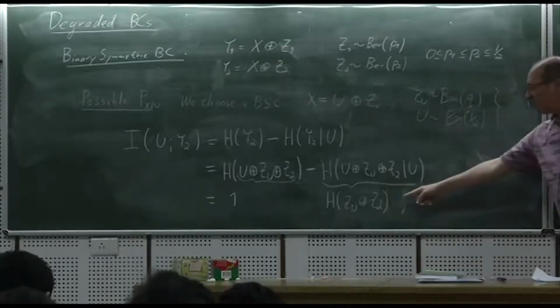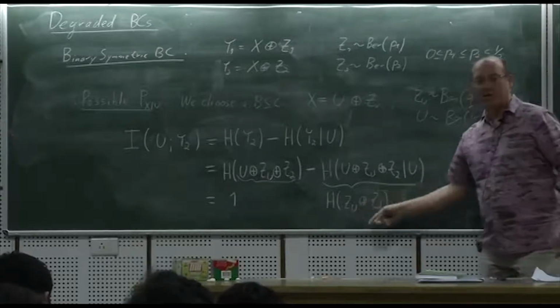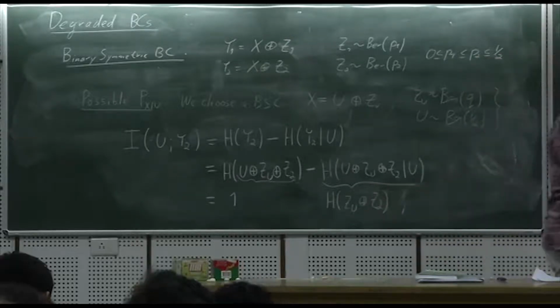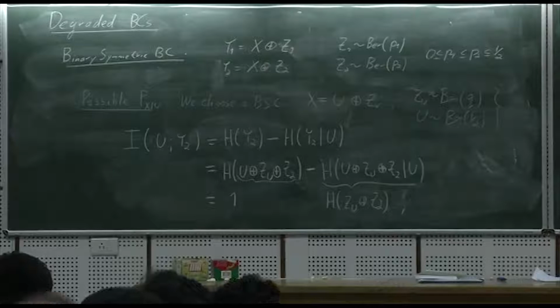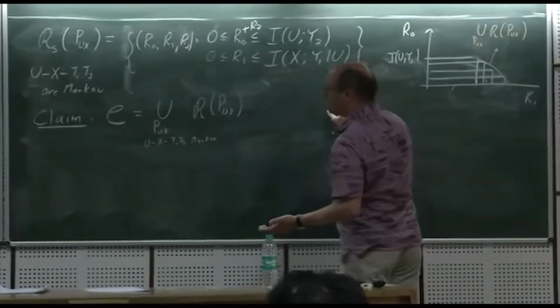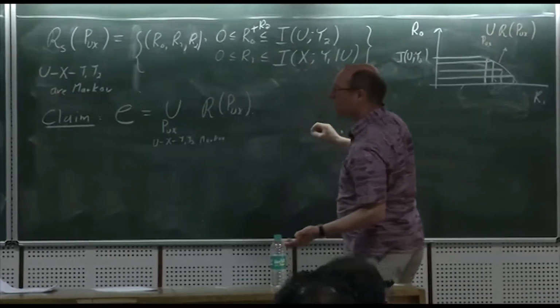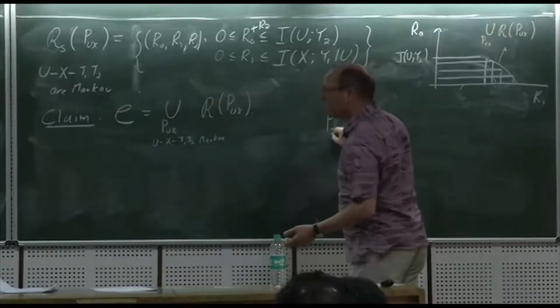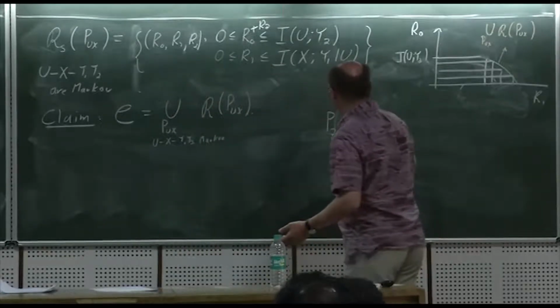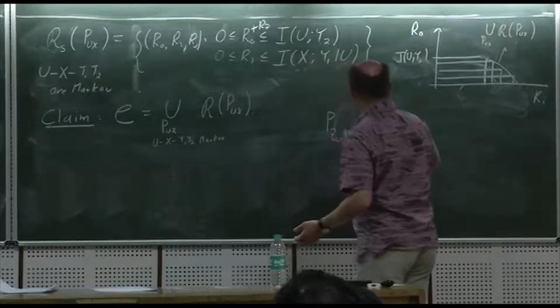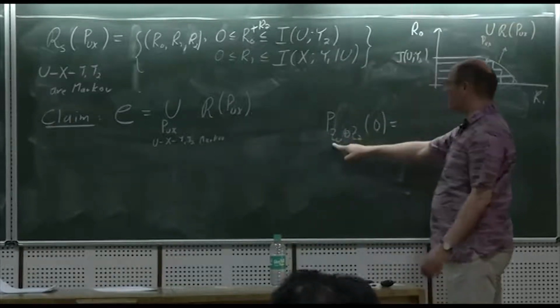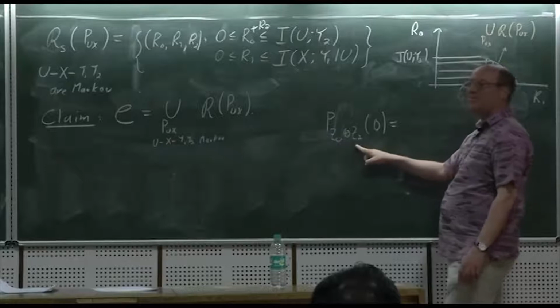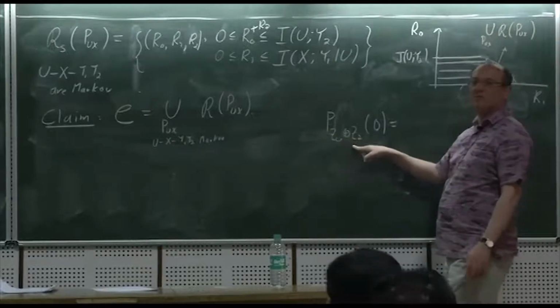So what is the probability of 0 and 1 here? Well, we can just compute this. Usually there's a notation used for that. We just did it actually before. Suppose here we have the probability of ZU XOR Z2 being 0: it is the probability that this is 0 times the probability this is 0, plus the probability that this is 1 times the probability this is 1.